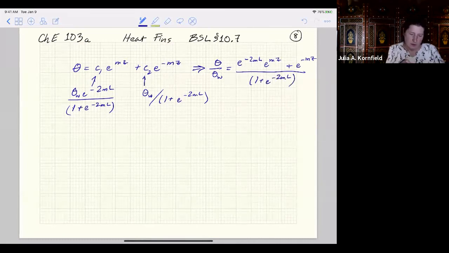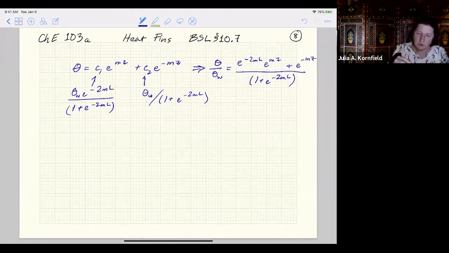Okay, let's see if that looks good here. So I've taken the theta w down over here. We have an e to the minus 2 ml times mz, and then we have here just a 1 because the theta w is up there. That's all good. And then if I multiply numerator and denominator by e to the ml, I'll have e to the minus ml plus mz.